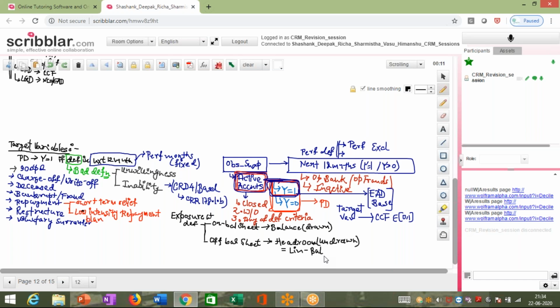It is always a possibility that before you go into default, you draw out the remaining balance and then enter into default.